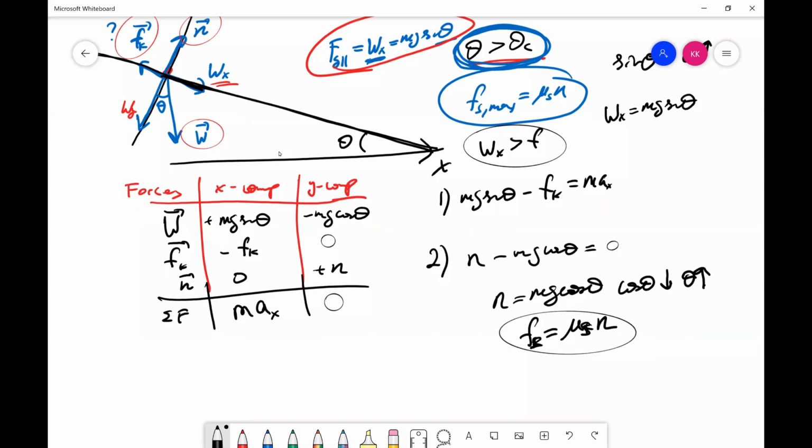These two equations are the equations of this particular example where the object is sliding down and speeding up, and those two equations can give you how the friction force, the x component of gravity, the y component of gravity, and the normal force are related to one another.